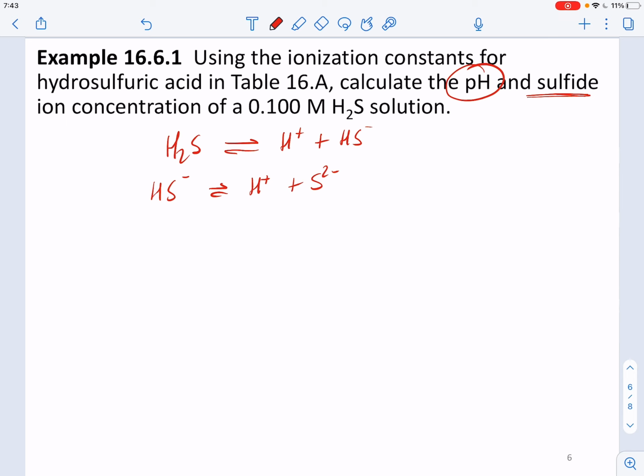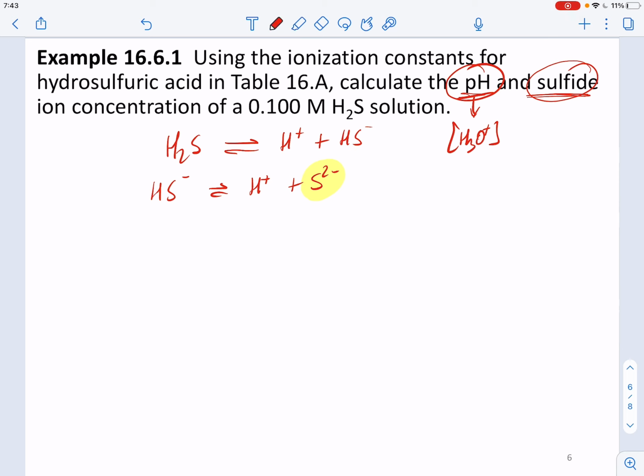And I want you to notice you are calculating pH, so one of the things that you have to determine here is the concentration of H3O plus or H plus, and the concentration of sulfide. The concentration of sulfide is the concentration that you are calculating. So you need to use both steps, right?